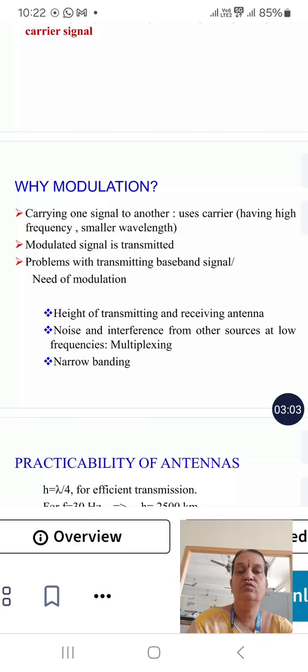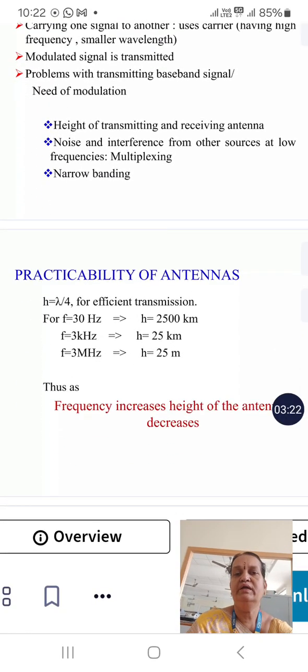Low frequency noise signals will overlap with the low frequency information signal. And third, narrow banding. If the low frequency information is transferred as such, we need narrow banding, which is a lower bandwidth requirement and is not advisable for long distance transmission.